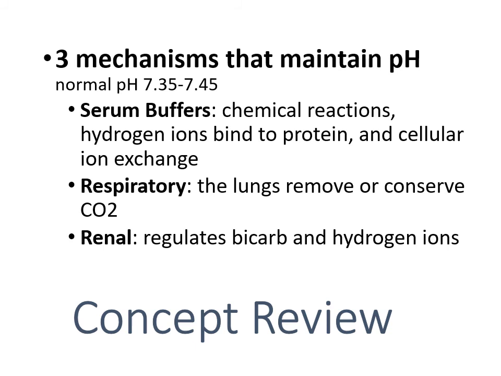The first one and the fastest one is the serum buffering system, where hydrogen ions can react with bicarbonate to become H2O and CO2. Remember that equation, right? Perfect. I've moved the H+ and combined it with bicarbonate. So that's taken place in the serum.